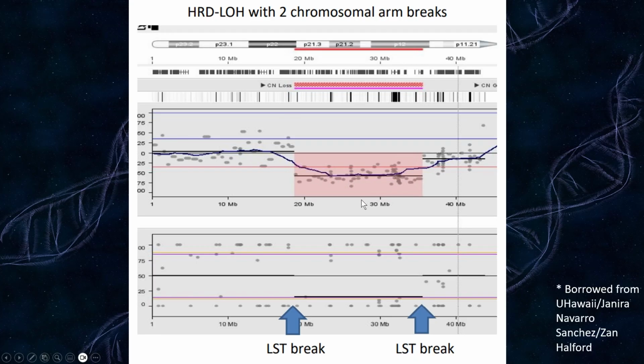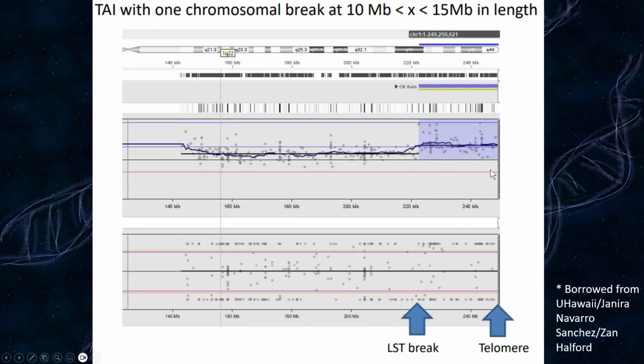So here was one, so you'd have this LST here and here, and LOH in this region. Looks like a deletion. And then here's another one occurring near the telomere here. So again, LST break, and then near the telomere, an entire region here.